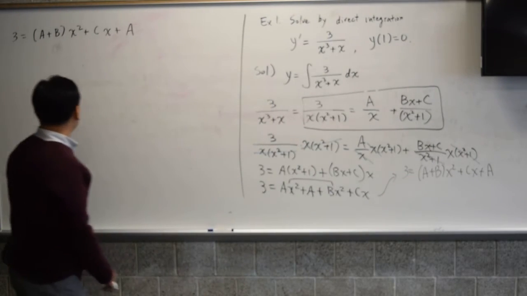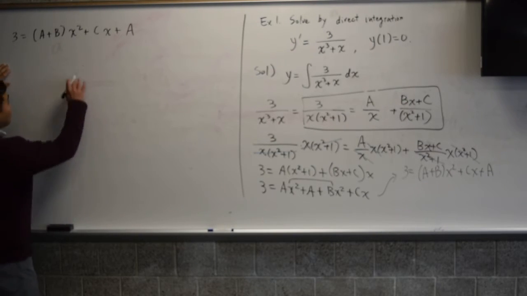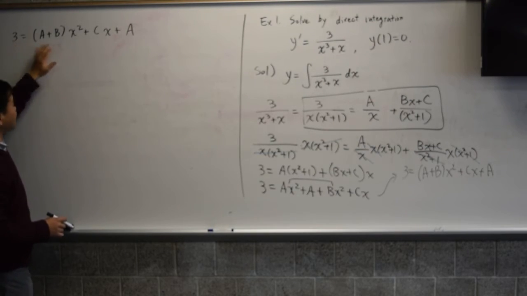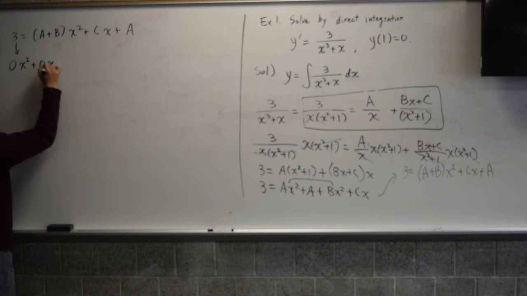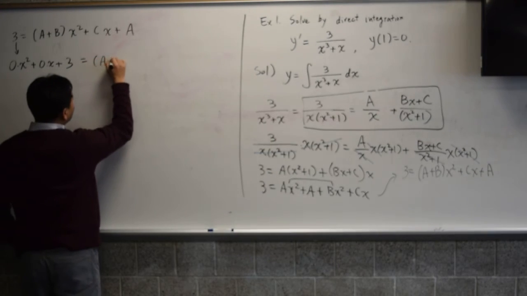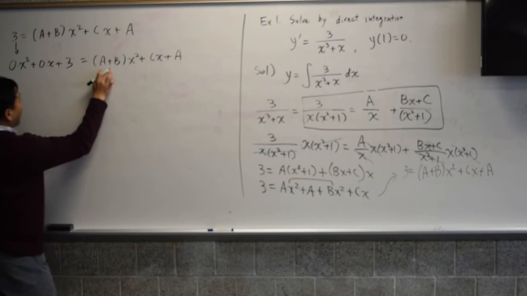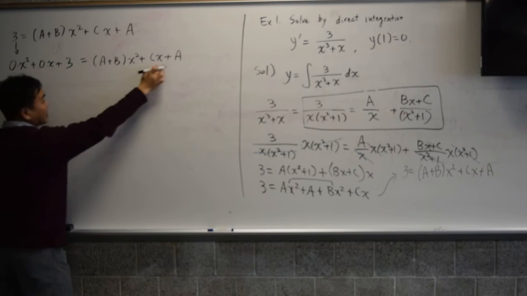Okay? And for these two sides to be exactly the same functions, you have a theorem that says if you have two polynomials and they're exactly the same, then their coefficients must match. So you have to think of this 3 on the left side as 0x squared plus 0x plus 3 equal to a plus b x squared plus cx plus a, so that a plus b has to match with 0, c has to match with 0, and a should match with 3.